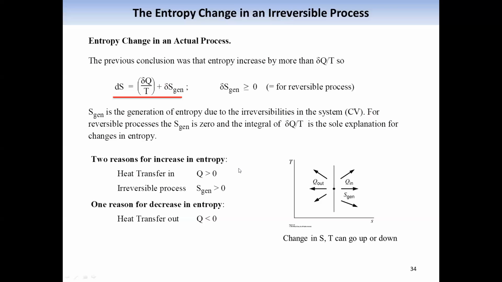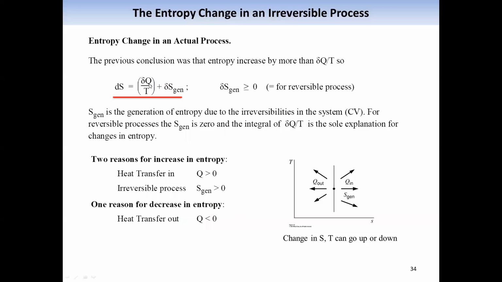When we leave this slide, we also have to know one more important thing. Because dq can be either positive or negative, ds can be positive or negative. Entropy generation, indeed, will be positive.